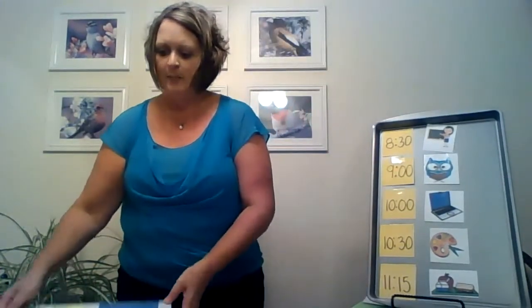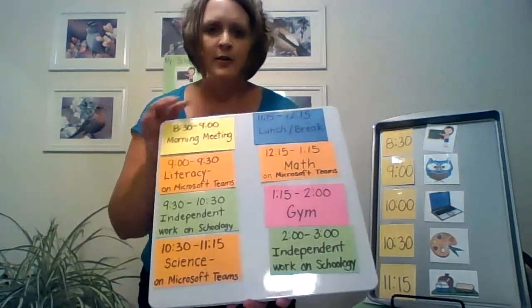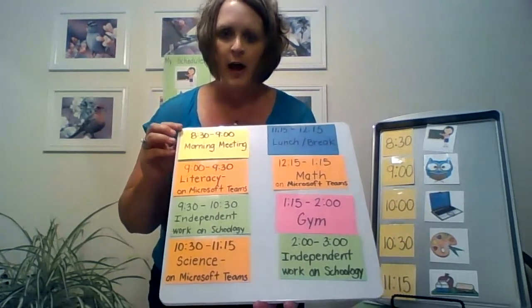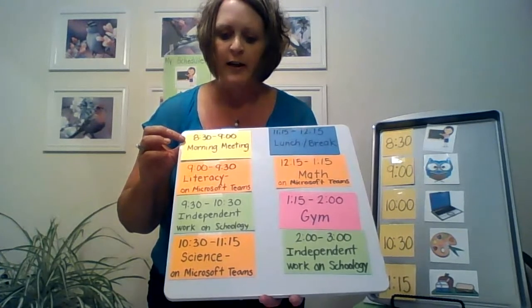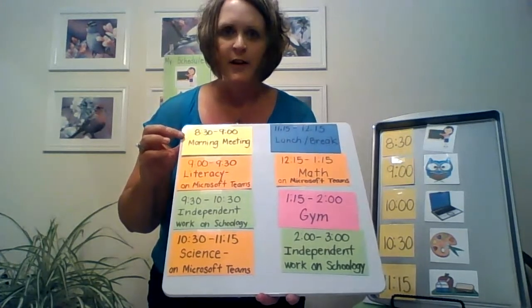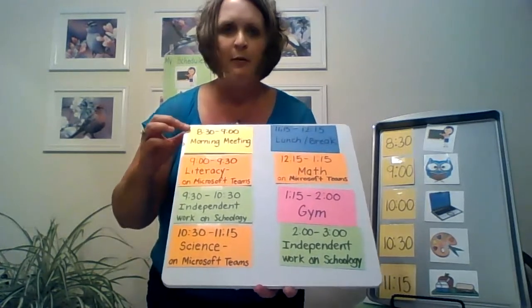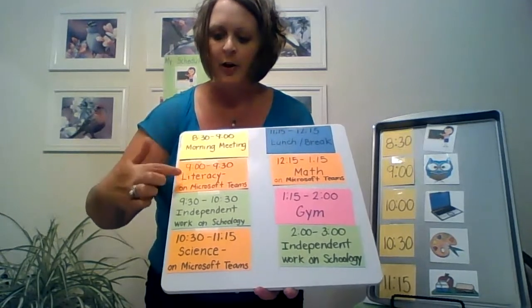The third example, I used index cards. So this I would recommend for children who are 3rd grade to 5th grade, even in middle school. But I would recommend 3rd to 5th grade. And here we have, I color coded it.